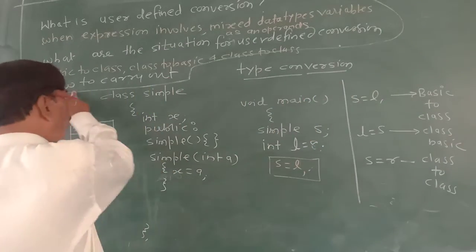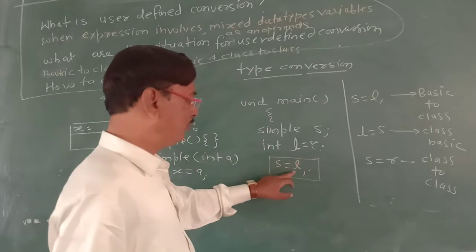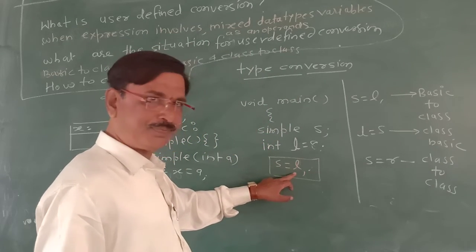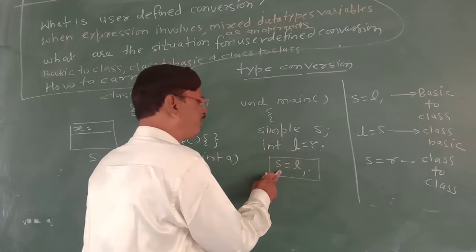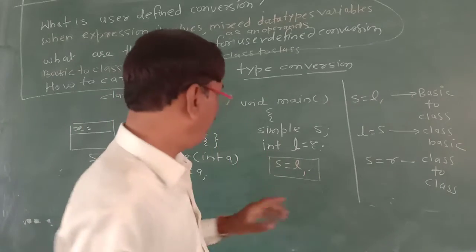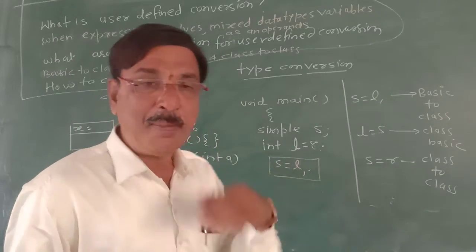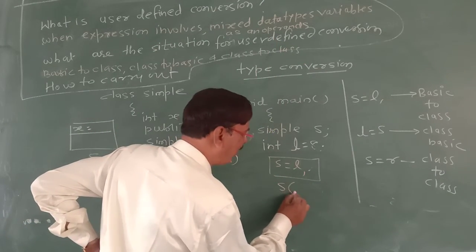Now, how to carry out? Look at the situation. L is given to S. So here it seems to be an expression, but there will be an implicit call of the constructor.